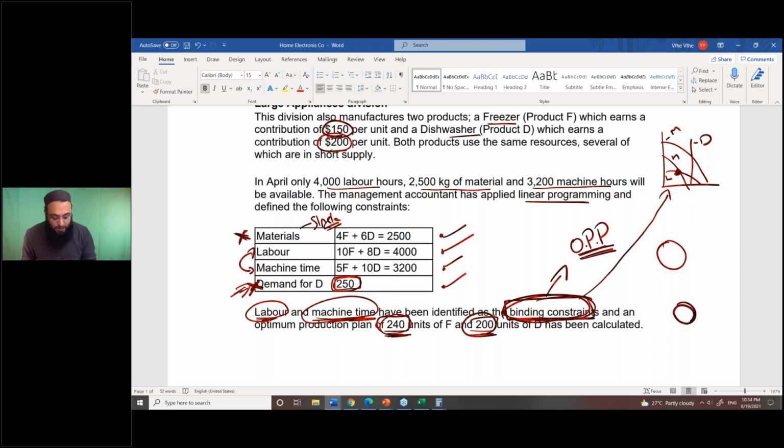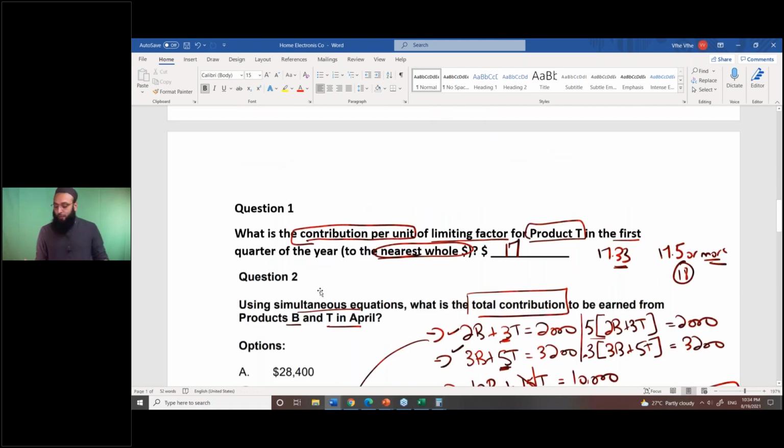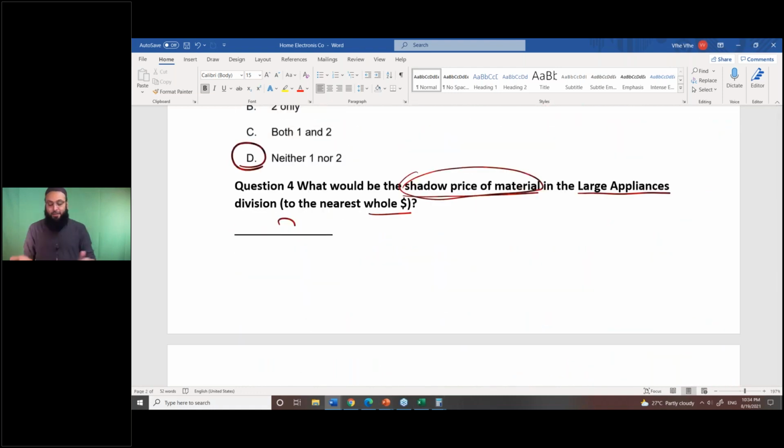So the shadow price will be 0 because there will be underutilization. And many did the workings and did it totally wrong. So what a good question, to be honest. One can't expect this to be 0, and one would say, okay, examiner, so easy. Yes, this is easy.